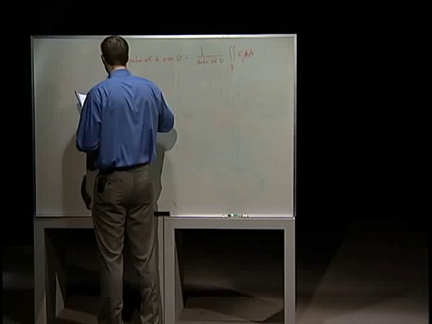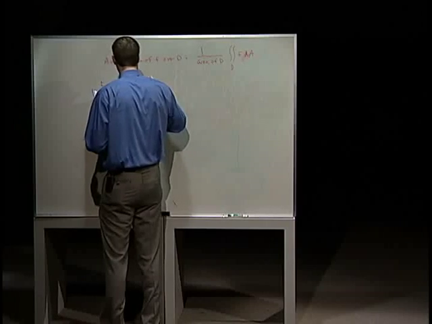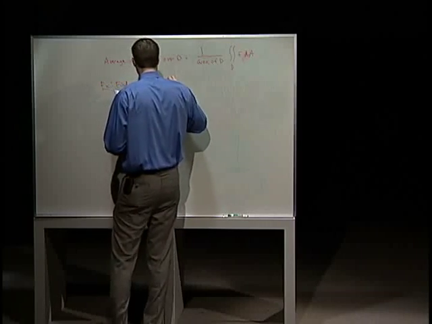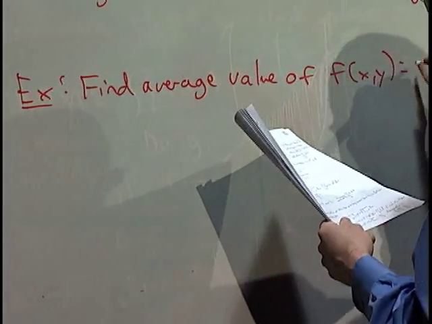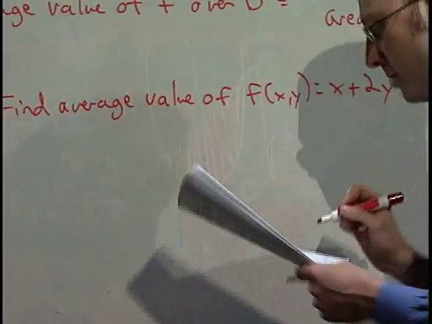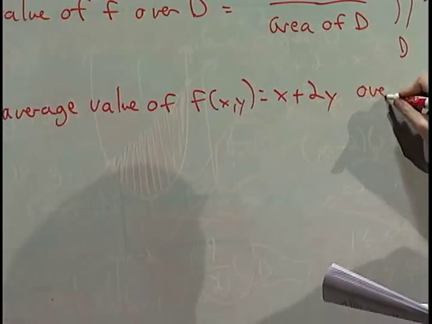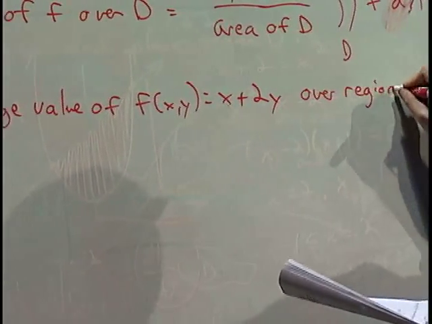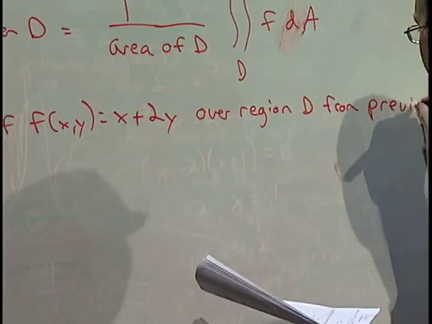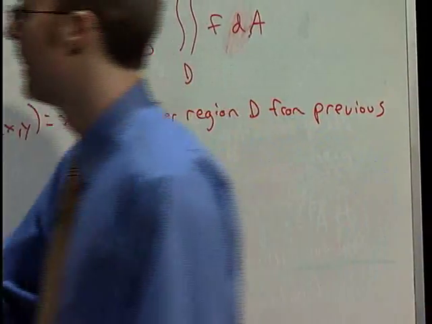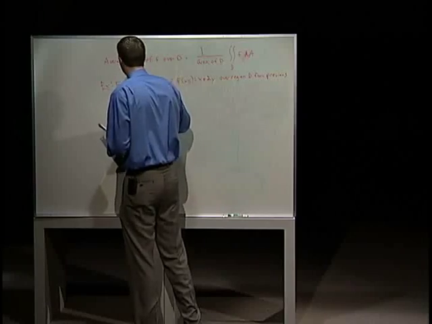So let's find the average value of what? f of x,y equals x plus 2y over the region D from the previous example.